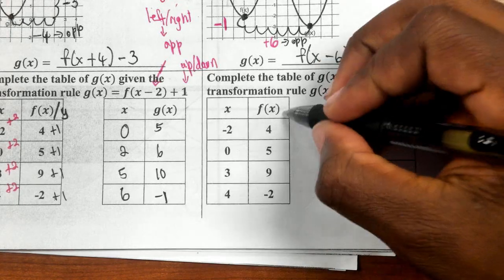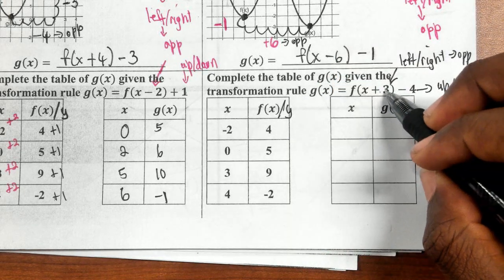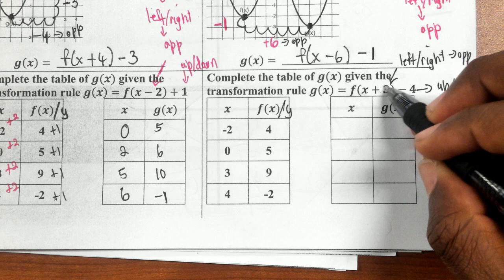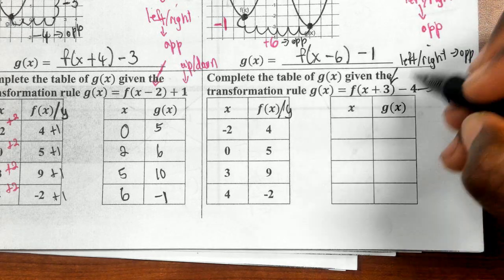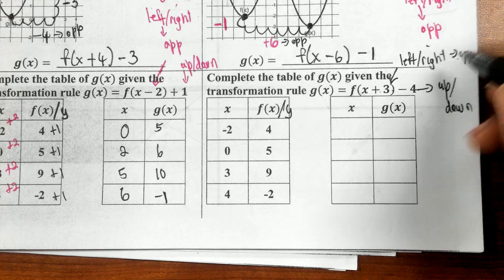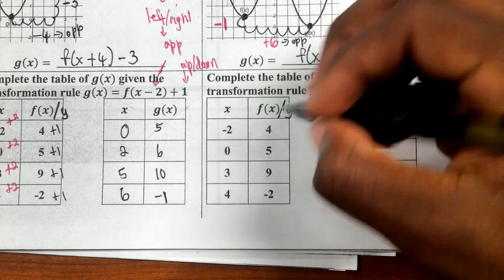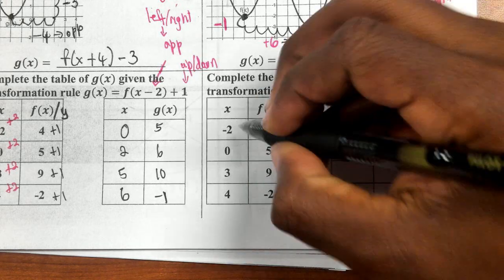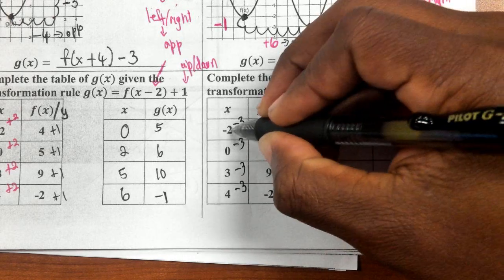Am I going to subtract it from my y value or my x value? From my x, because this is inside the parentheses. Numbers inside the parentheses affect the x because it's closest to the x. But instead of adding 3, we're going to subtract 3 because we always need to do the opposite of what I see on the inside. So opposite of adding 3, subtracting 3, subtracting 3, subtracting 3, subtracting 3.